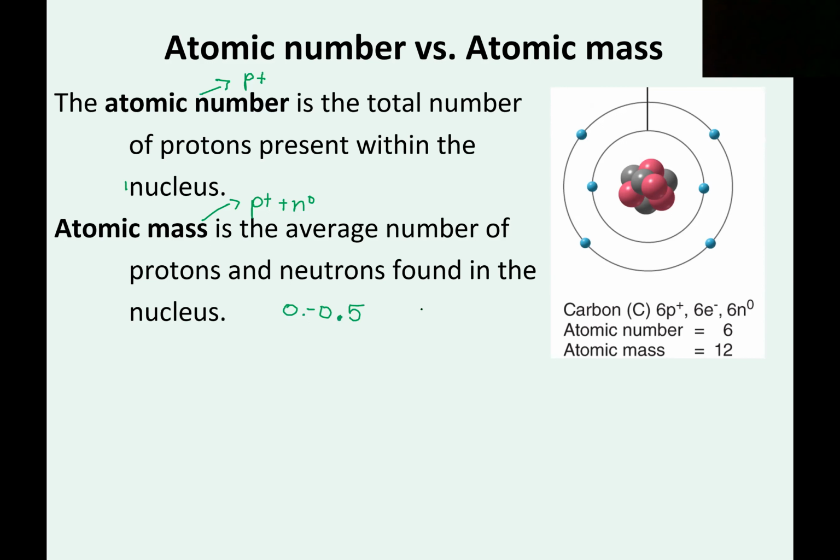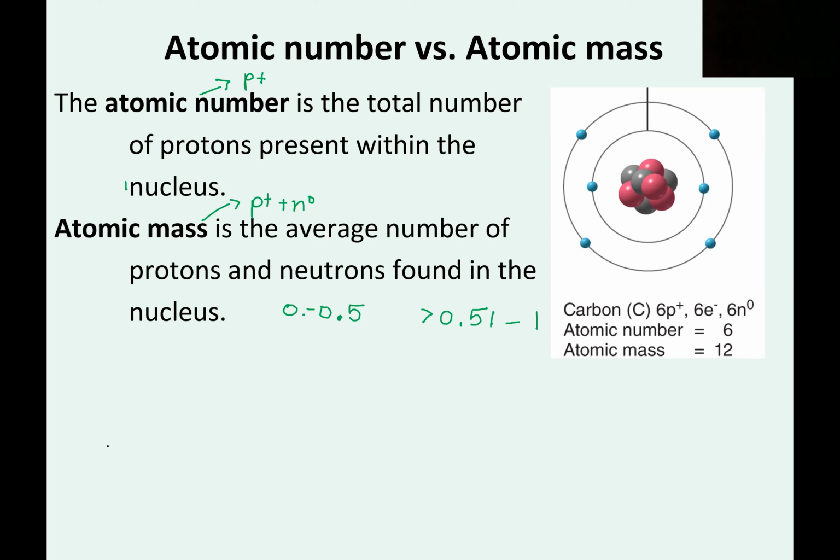If it's more than 0.5, then you add 1 to the whole number. But you can't have part of a neutron. So when rounding, more than 0.5, so 0.51 up to the whole number, you can add and go up. So it has to be more than 0.5.